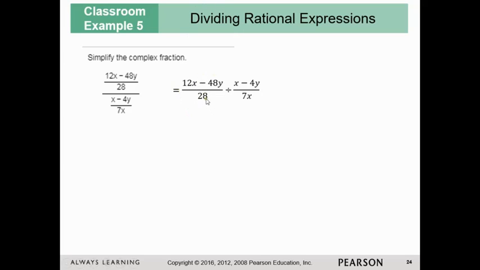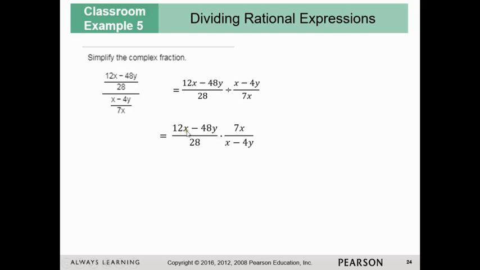Notice I just took the numerator divided by the denominator here. And remember, our next step is to create the reciprocal of the divisor. So we move 7x to the numerator and x minus 4y to the denominator.